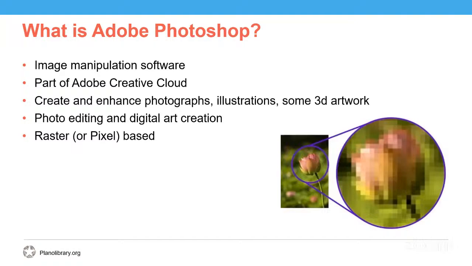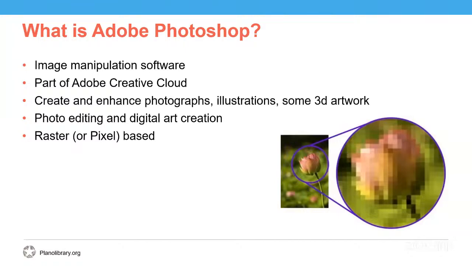So, what is Adobe Photoshop? Photoshop is an image manipulation software, part of the Adobe Creative Cloud. It is used to create and enhance photographs, illustrations, and 3D artwork. Photoshop has many functionalities, and the 2 most used are photo editing and digital art creation. One thing to note is that Photoshop is raster or pixel based.